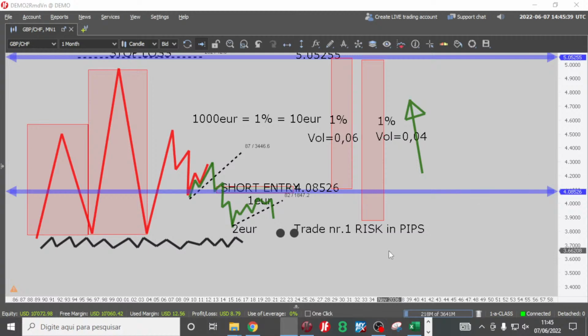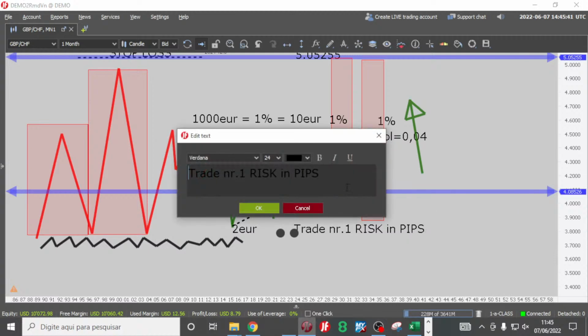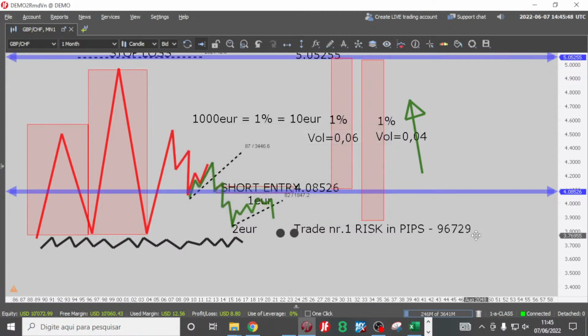Okay, trade number one, this is that much.